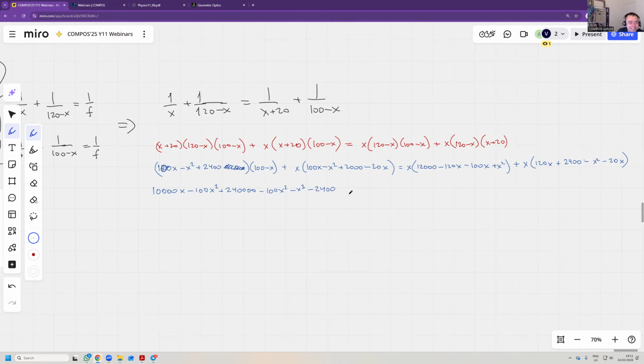Right, plus x cubed. Oh, yes, it is plus x cubed. Sorry, I don't have the energy to do this right now.